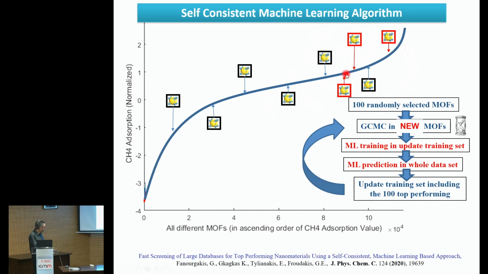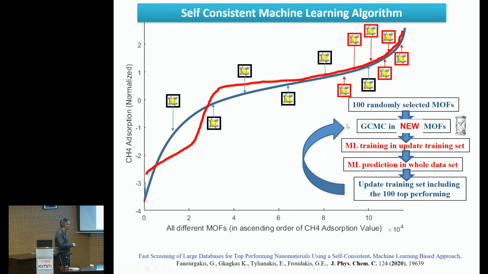And we calculate the gas properties of these materials that live up there, and we try to simulate the absorption curve again. This means that we don't care about what is going on in this area, but we concentrate here on top performing materials. And we do this until the 100 top performing materials are not changing.